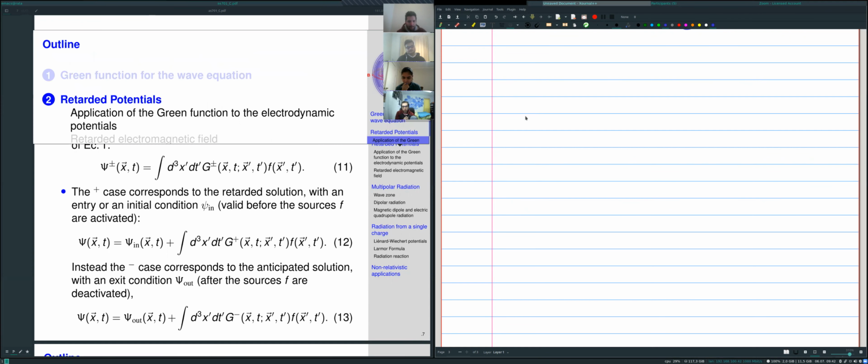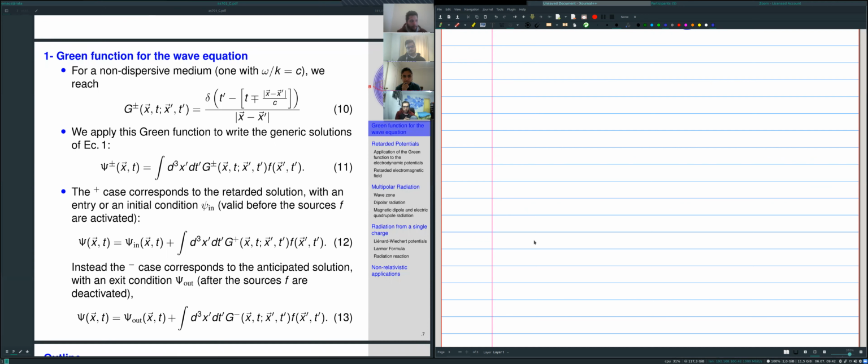So let's write down the plus solution. We have psi plus at point x and t. That would give us the solution in space and time due to some source function.